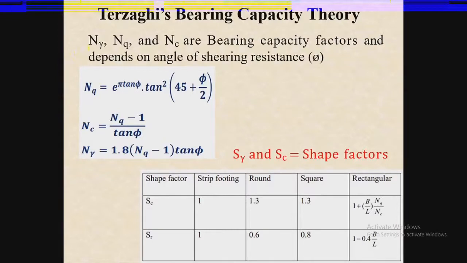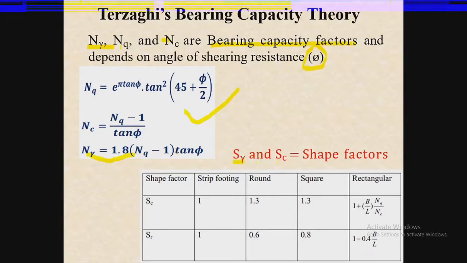Now guys, N gamma, NQ and NC in the previous equation are basically the Terzaghi bearing capacity factors, and they are functions of the soil friction angle only, and they can be easily found via these formulas: NQ is equal to e power pi tangent phi into tangent square into 45 plus phi by 2, NC is equal to NQ minus 1 divided by tangent phi, N gamma is 1.8 into NQ minus 1 tangent of phi.